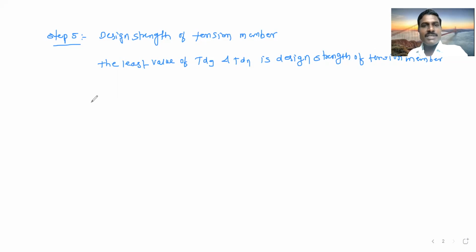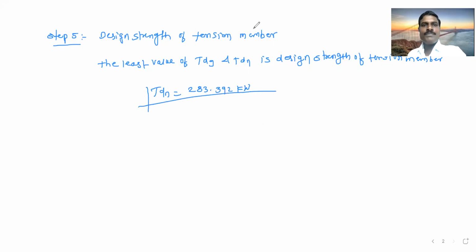Whichever is less, TDN. So TDN is equal to 283 point how much? 392.2 kilonewton is the design strength.